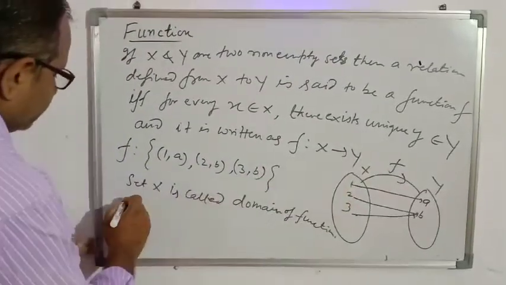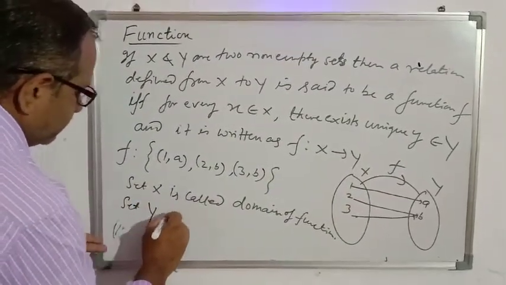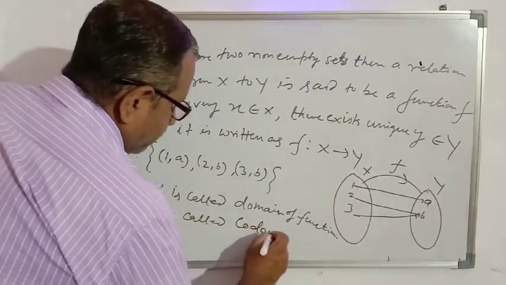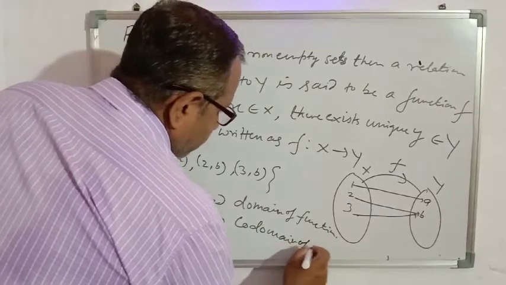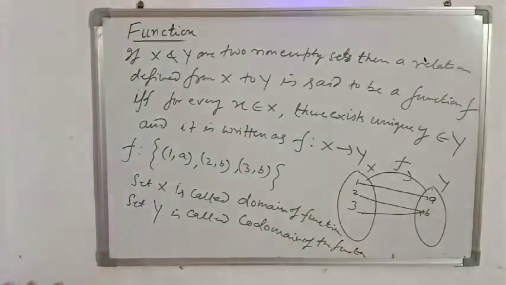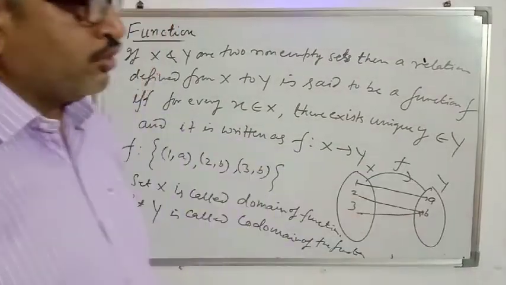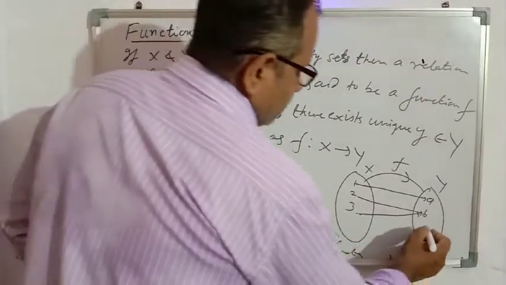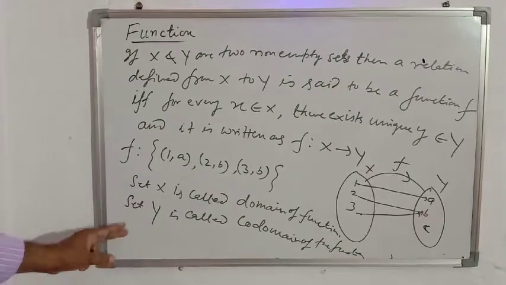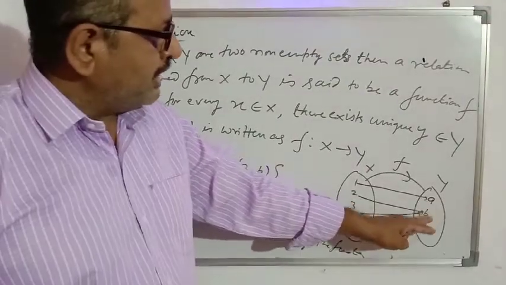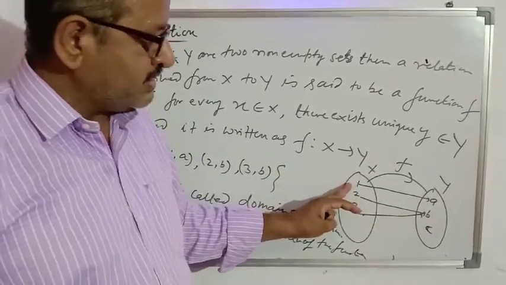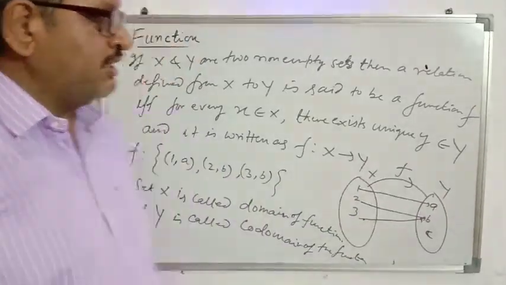And set Y is called the codomain of the function f. Suppose here there are three elements A, B, C. And the collection of all those elements in the set Y which are images of the elements of X are called the range of the function.